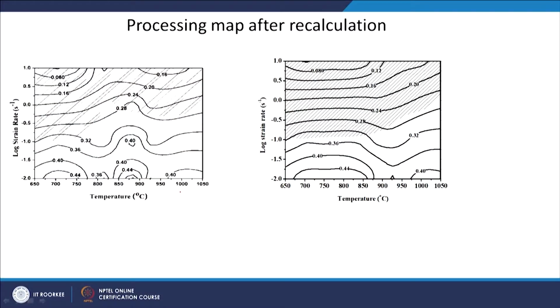Okay. So, these are the processing maps. This is our initial processing map from the experimental data. And this is the map which we have developed after doing the calculation of calculated flow stress in the two phase region.